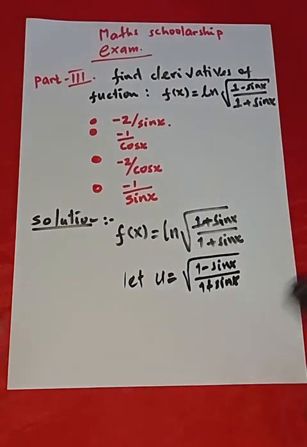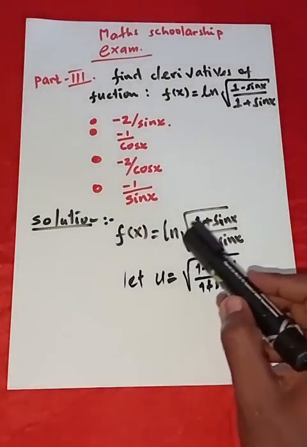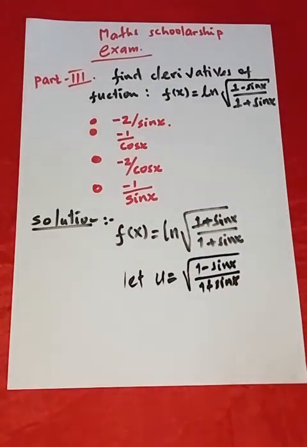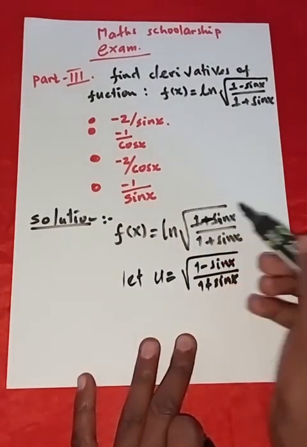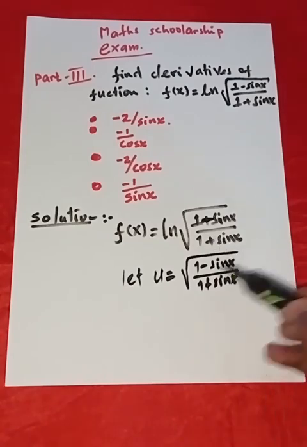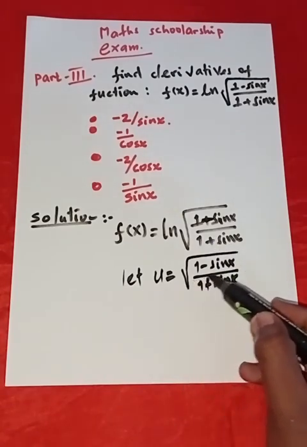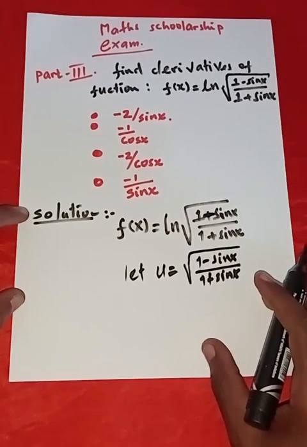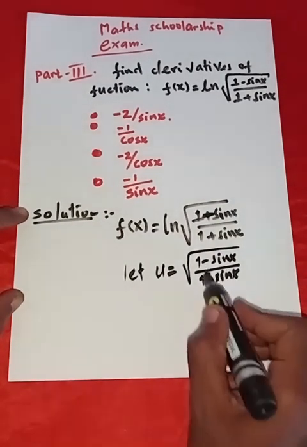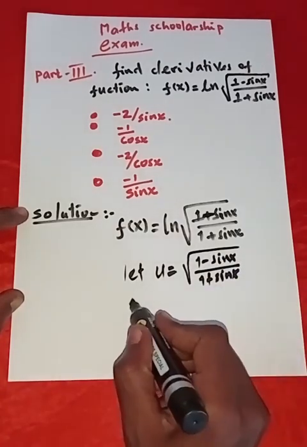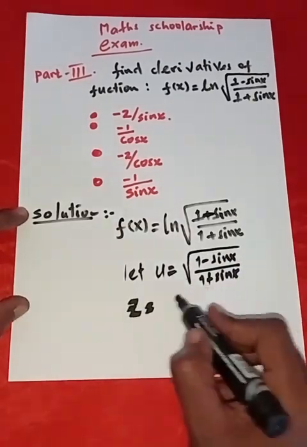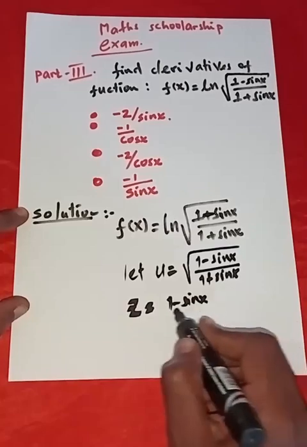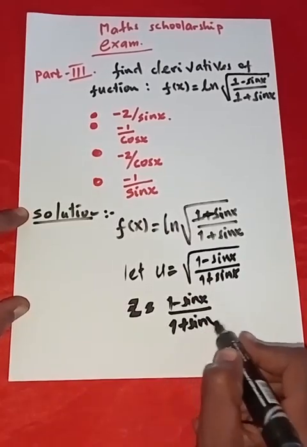So, solution. To solve this question, we take f of x equals ln of the square root of 1 minus sine x over 1 plus sine x. Let u equal the square root of 1 minus sine x over 1 plus sine x. Then we take this function as z, where z equals 1 minus sine of x over 1 plus sine of x.